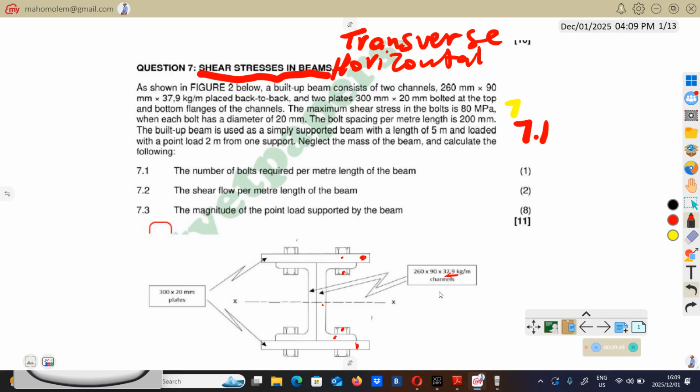7.1, find the number of bolts required per meter length of the beam. So now here we're trying to find the total number of bolts per meter length.